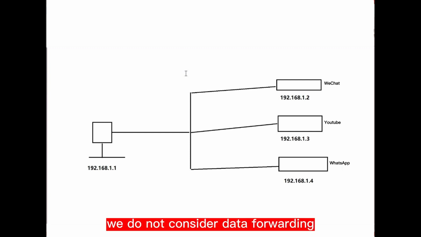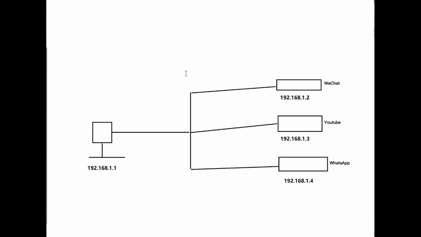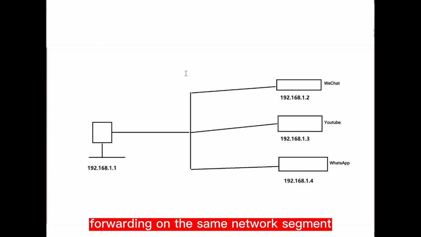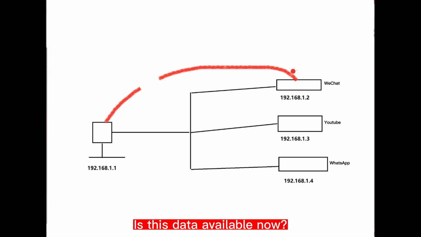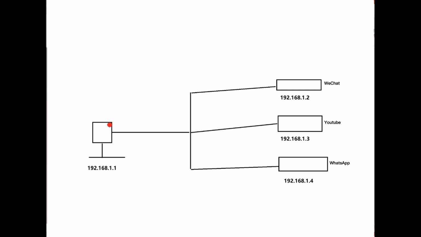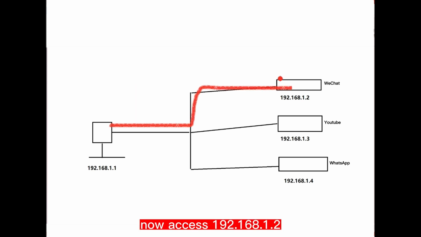We do not consider data forwarding across network segments today. And the problem of forwarding on the same network segment is based on address. Is this data available now? For example, now access 192.168.1.2 from 192.168.1.1.